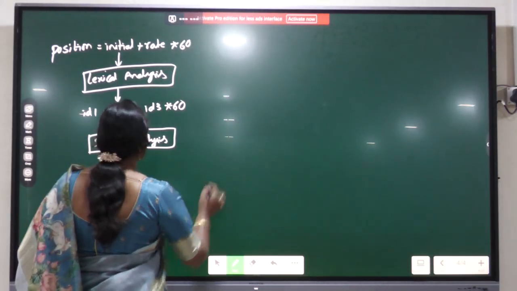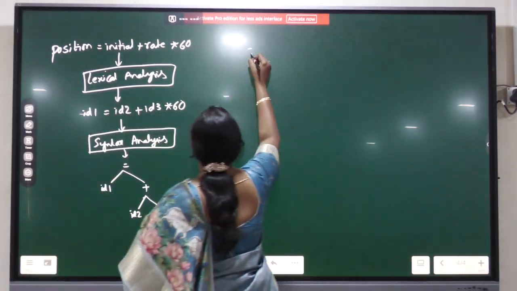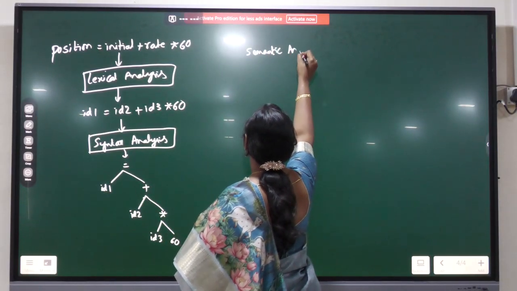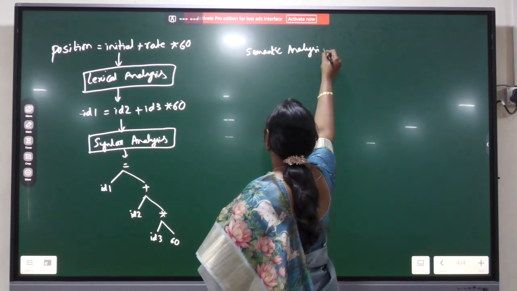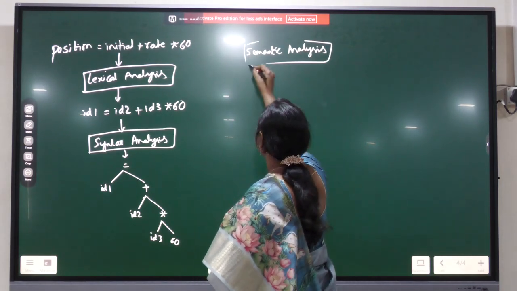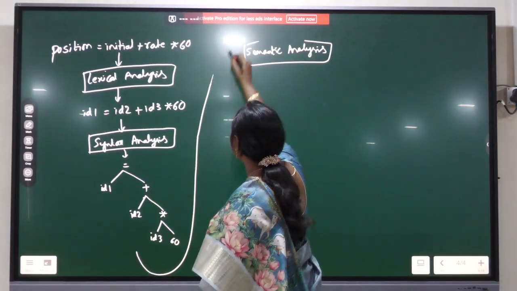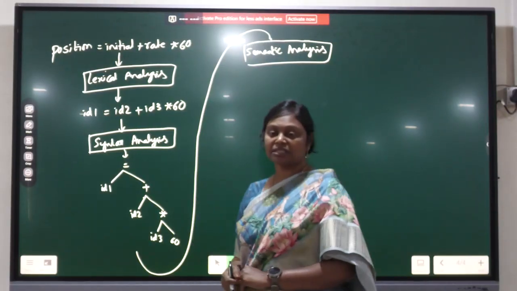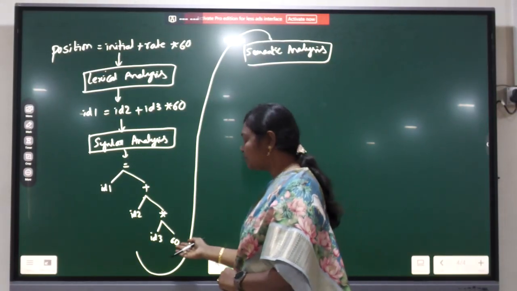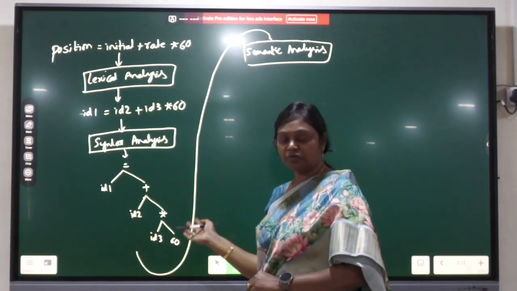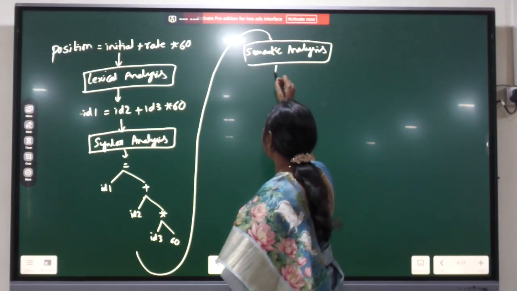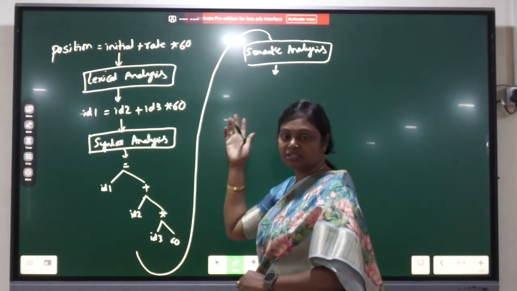Now we need to give this to the semantic analysis. Semantic analysis will take care of typecasting and those kinds of things. For example, 60 is there, so int to float conversion will be taken care of by the semantic analysis, and a semantic tree will be the output.